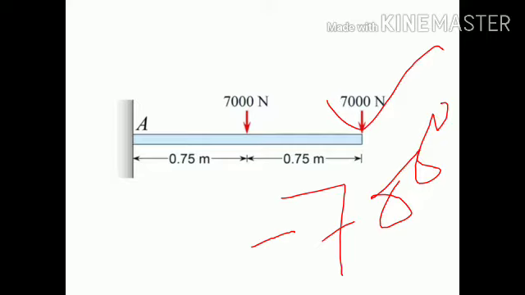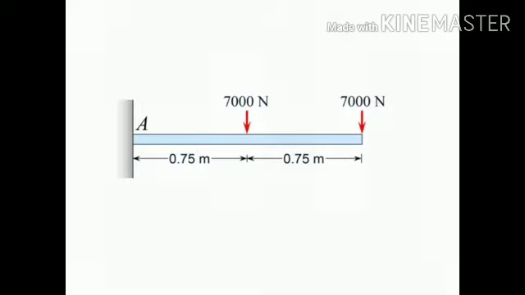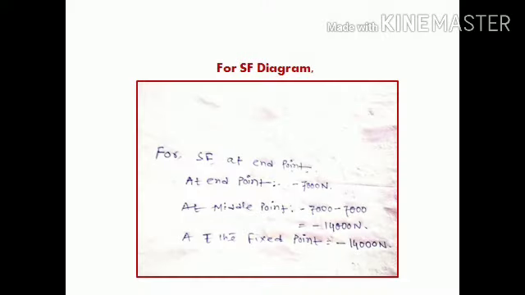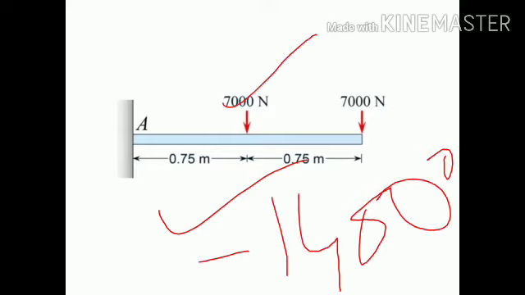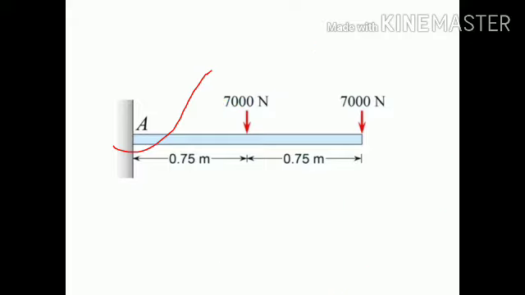In a similar way, we find the SF at the middle point. The 7,000 from the end point plus the 7,000 at the middle means minus 14,000 Newton at the middle of the span. Between the middle and the fixed point A there is no load, so minus 14,000 Newton acts at the fixed end.